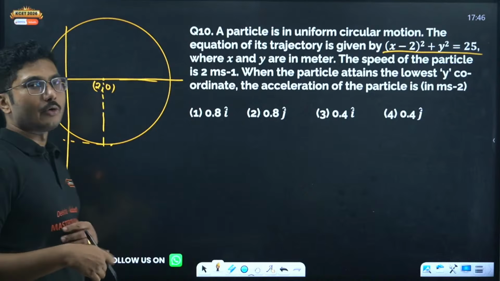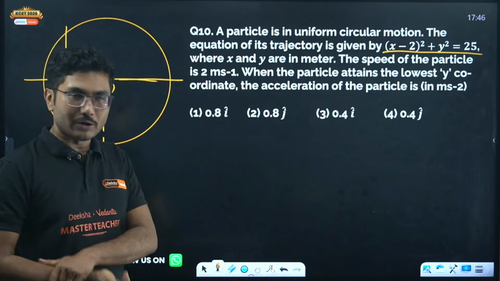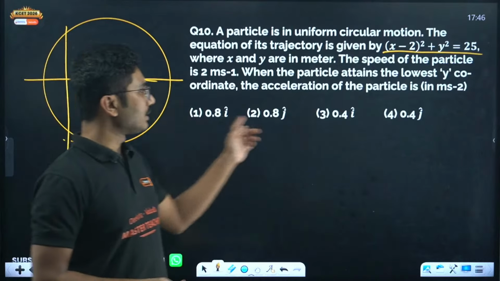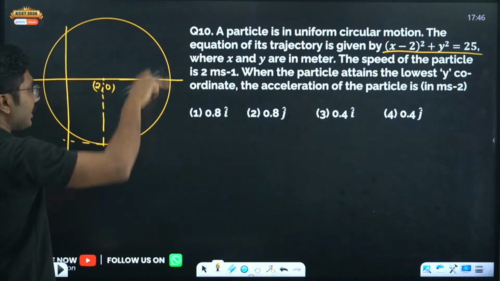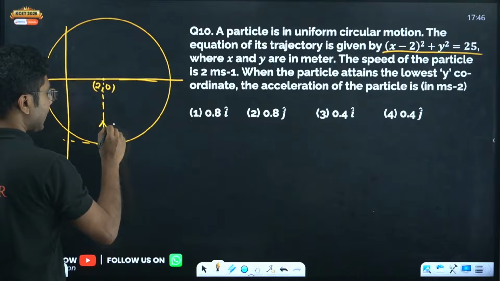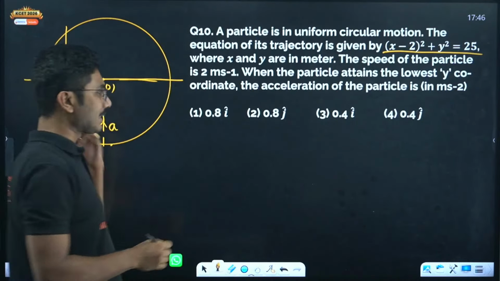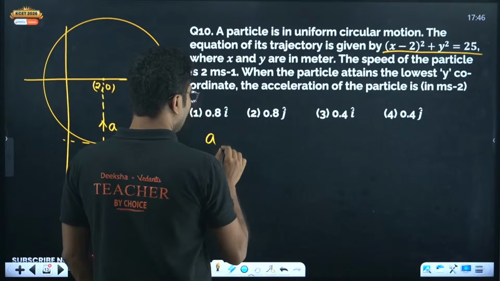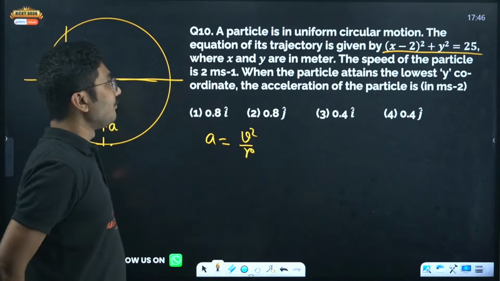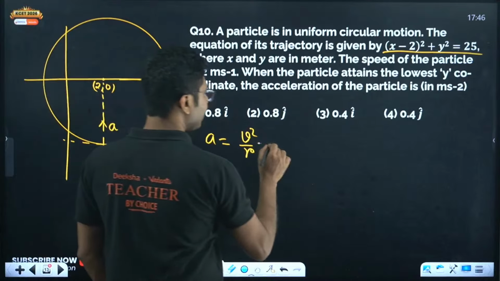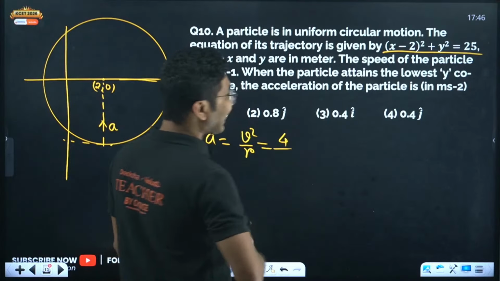How to calculate it? First of all, let us understand the value of the acceleration, because a lot of values are given. When the particle is moving in a circular path, the acceleration acting on it is centripetal acceleration, which is v square upon r. Now v is given as 2 meter per second, so v square is 4. And what is r here?